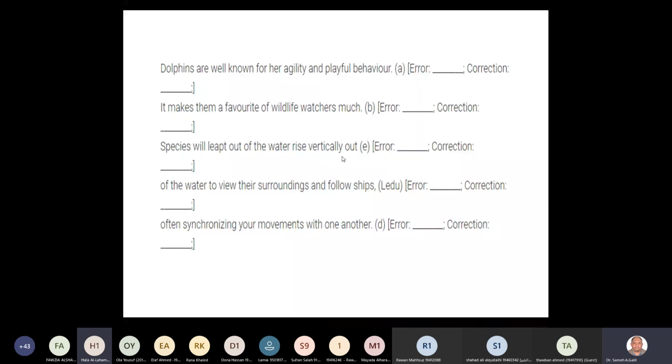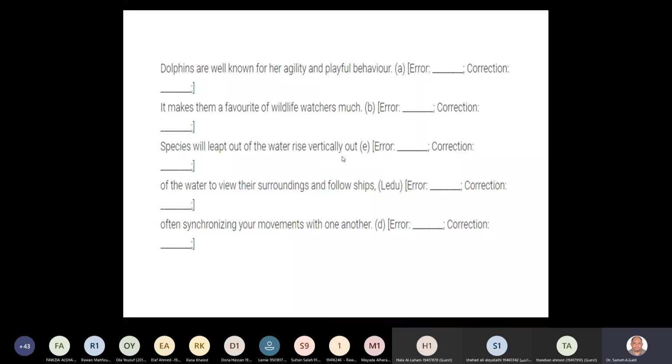Okay, go ahead. It makes them a favorite of wildlife watchers. I think maybe there's a punctuation mistake also. No, I think they are perhaps different sentences, in the sense that you have a full stop. So look at it with the full stop in there.